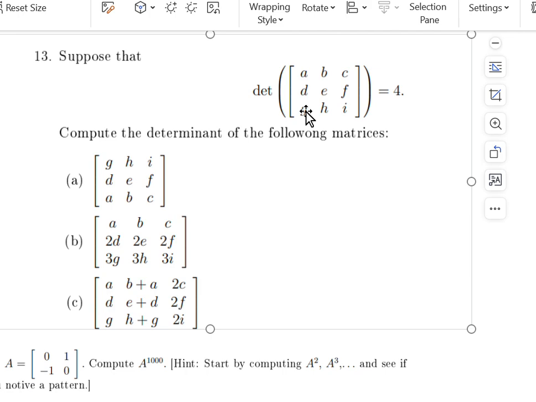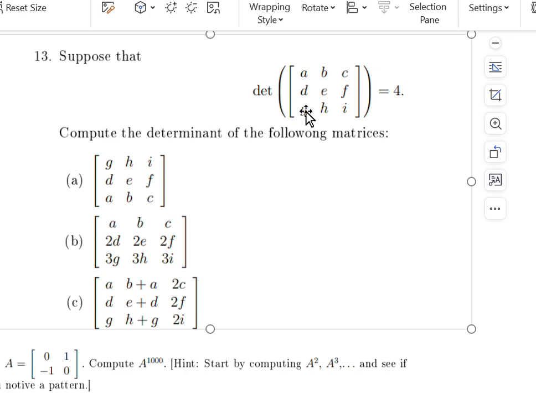Now let's take the C. Two things have been done to the columns of C. In the second column, we can see clearly that the first column was added to the second column, and the third column was multiplied by a constant 2. Again, going back to the rules, when we add two rows or two columns together, the determinant is maintained.